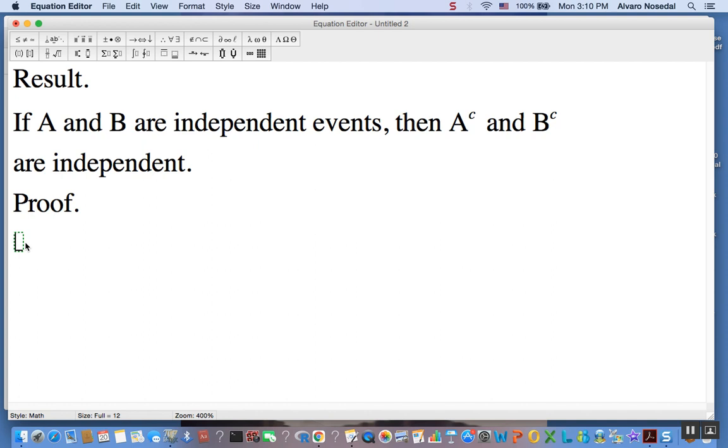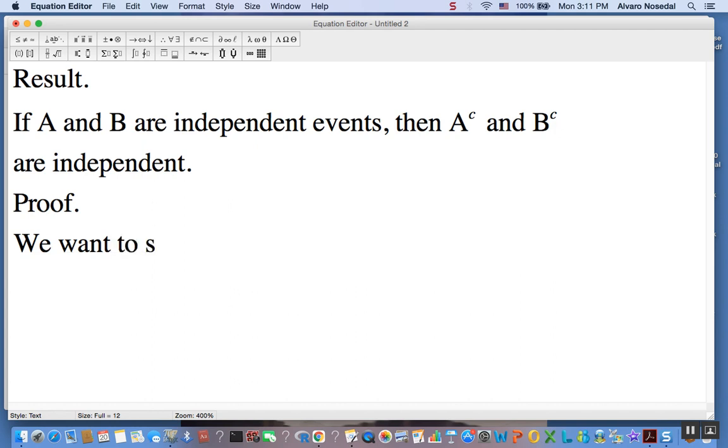So first, we know that we have different ways of showing the independence between two events. This is the one that I'm going to be using here. We know that if two events are independent, the probability of their intersection is the same as the product of the individual probabilities.